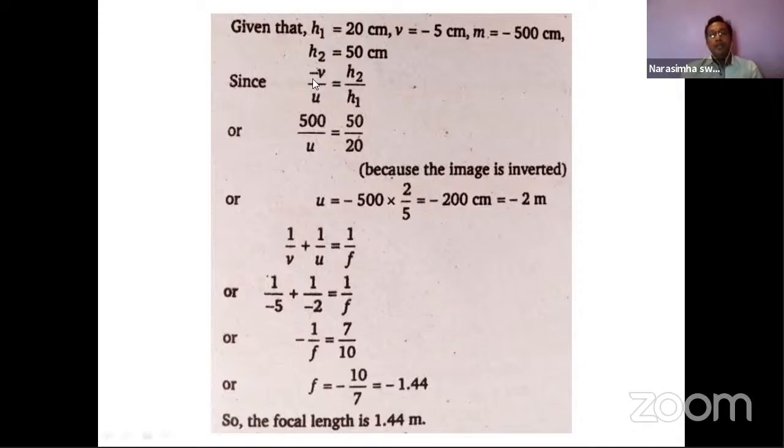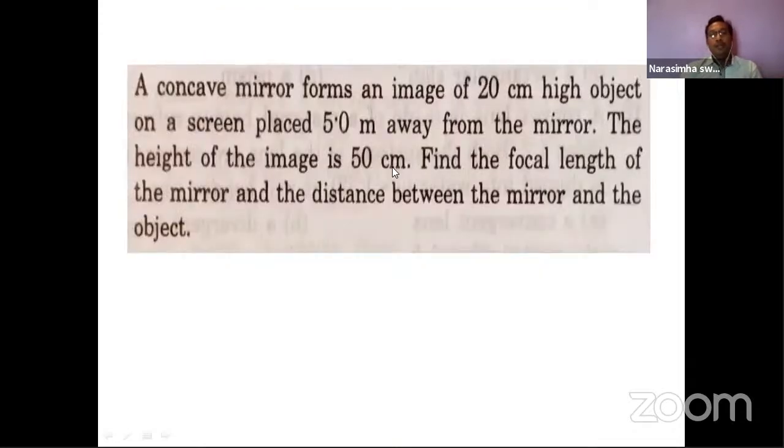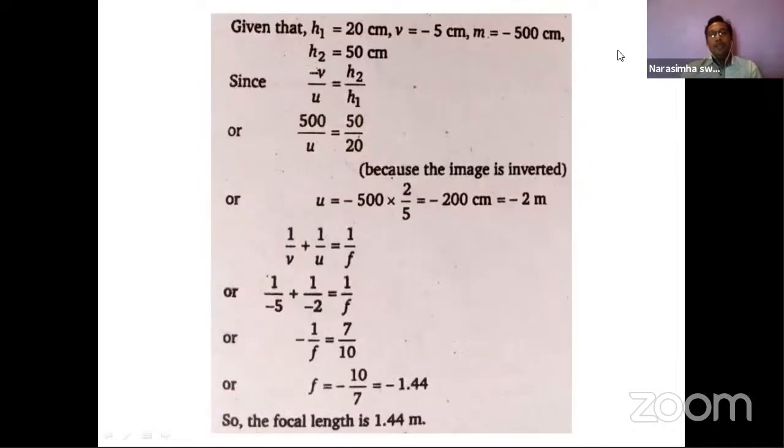So minus V by U is equal to H2 by H1. Because the values are given in meters, convert them into centimeters. So 500 by U is equal to 50 by 20, because the image is inverted.